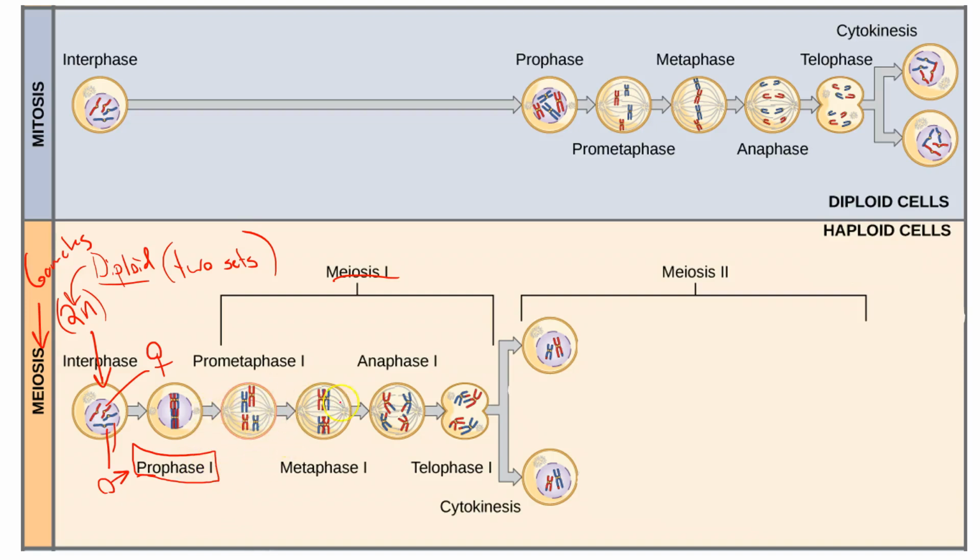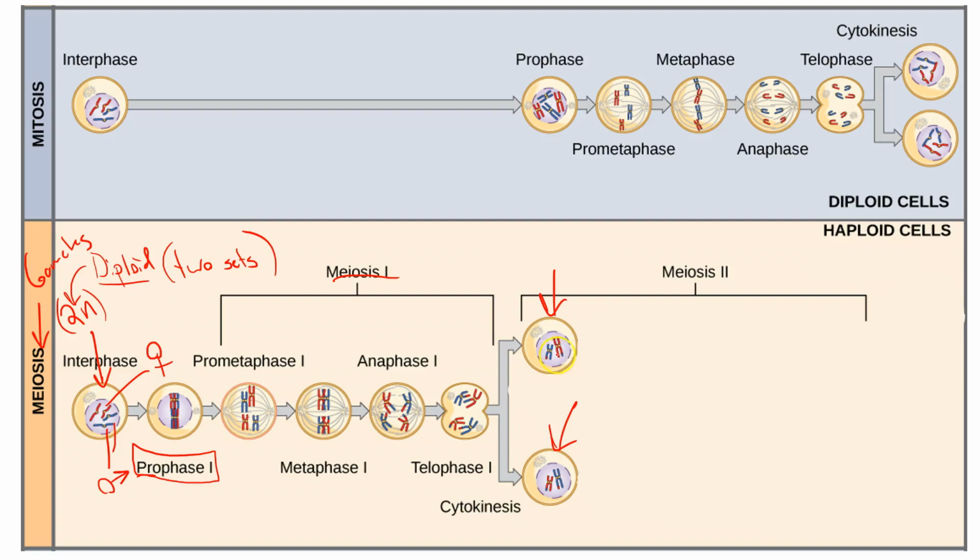And then there's a whole bunch of interesting stuff going on here, which we're going to talk about in a minute. But for now, I'll show you that, in the end, these are the 2 cells that are made at the end of meiosis I. Okay, and you can see that these, in fact, are haploid cells because they've got a duplicated big chromosome and a duplicated small chromosome, but there is only one set. I mean, the set is duplicated.